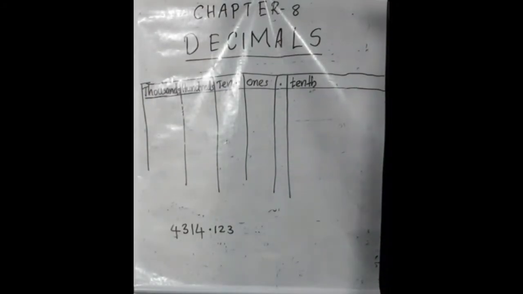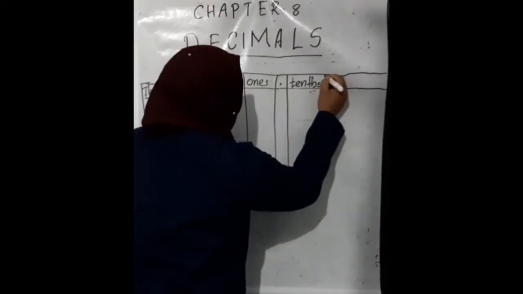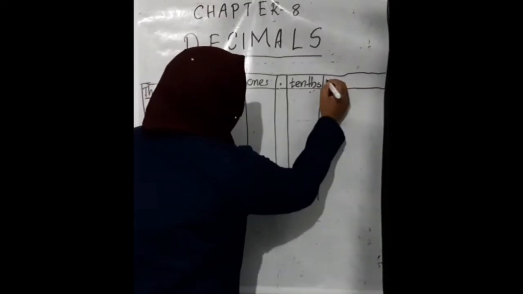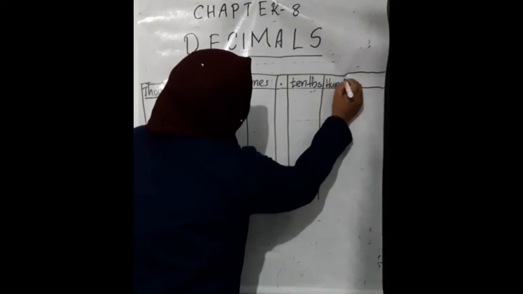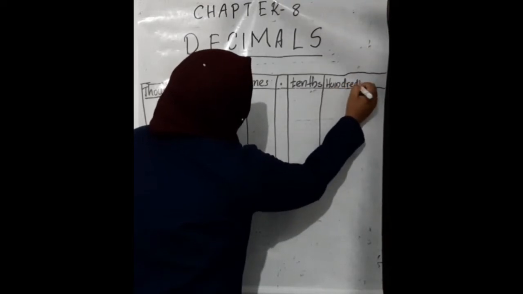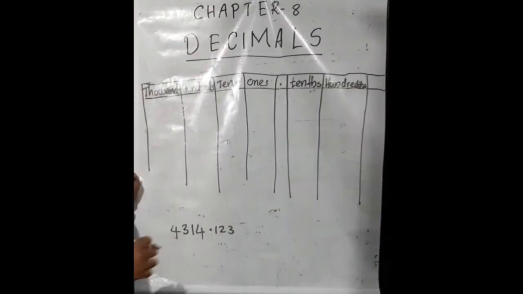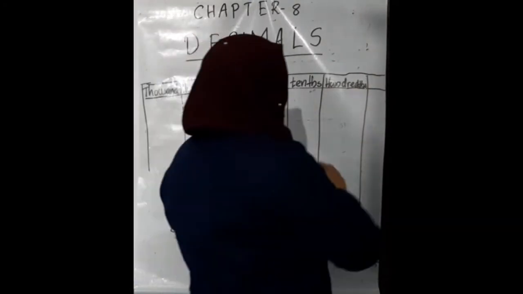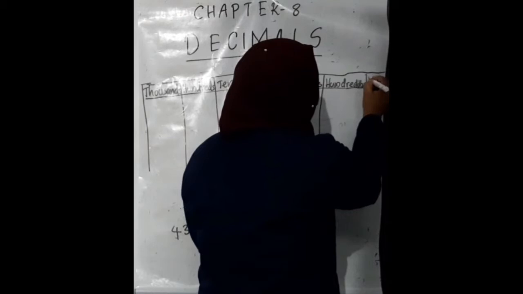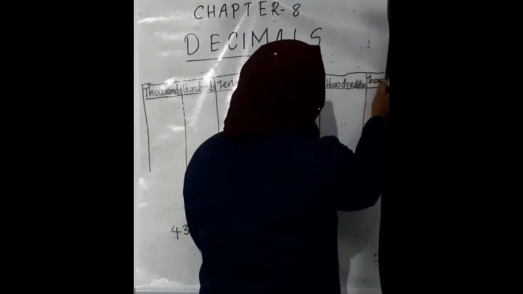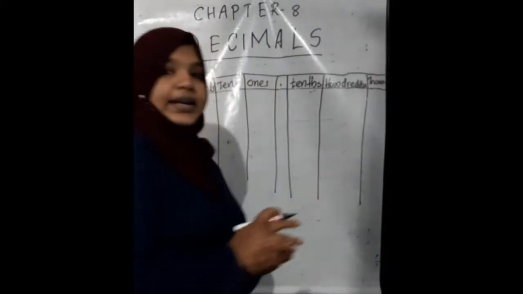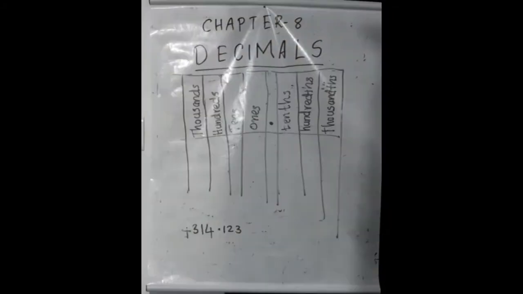Then, after tens, we have hundreds, then thousands.